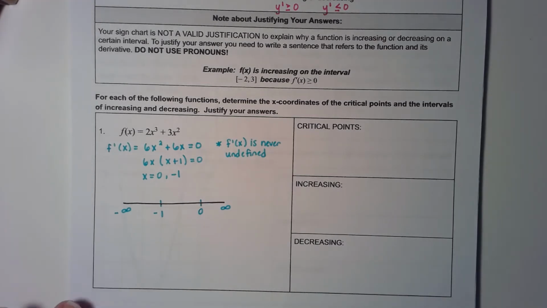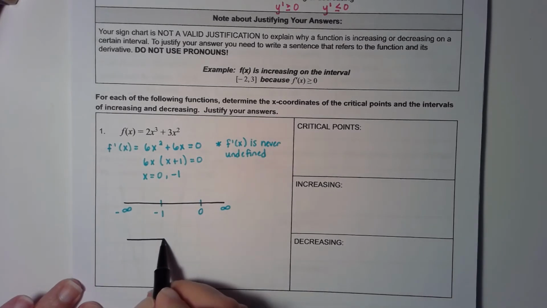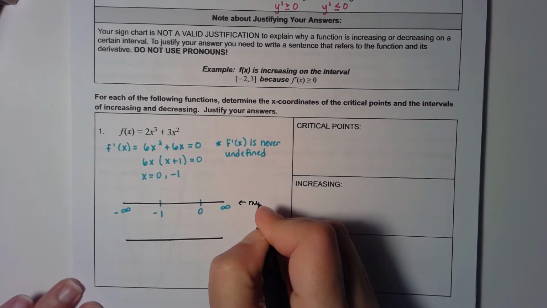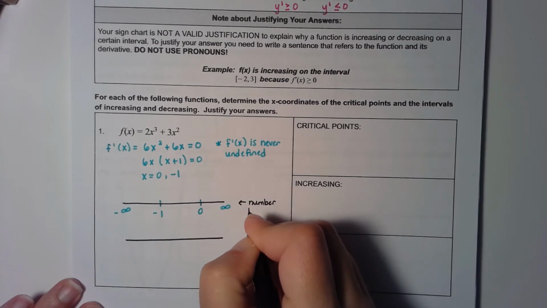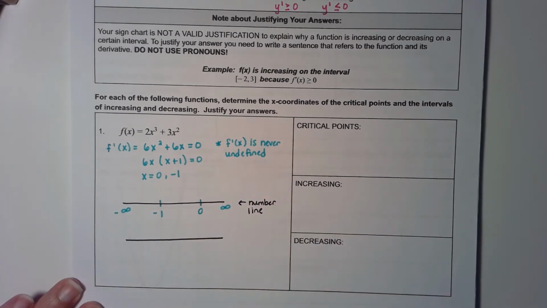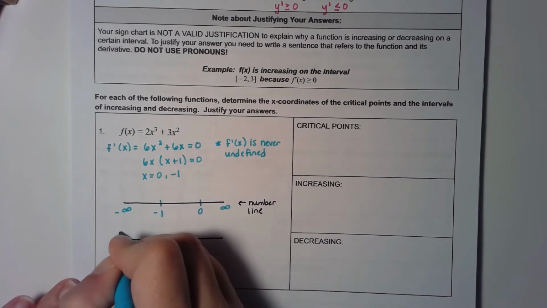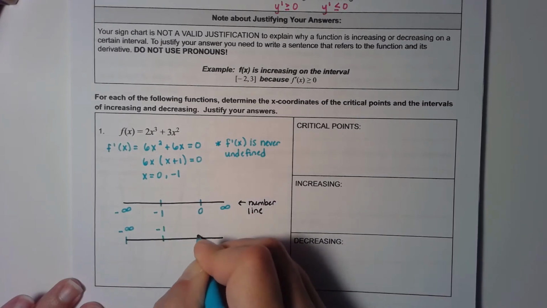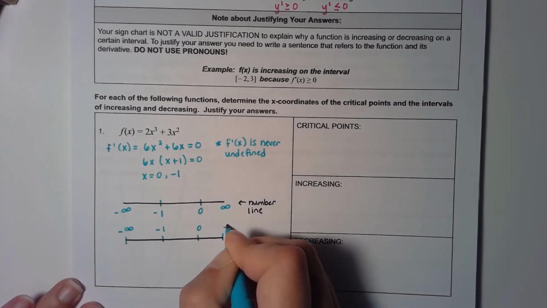For the purposes of what we're doing, it's going to be much easier. And so this is just to remind you that this is a number line. We're going to write our numbers above the number line. So the beginning of our number line is going to be -infinity, then -1, then 0, then infinity.